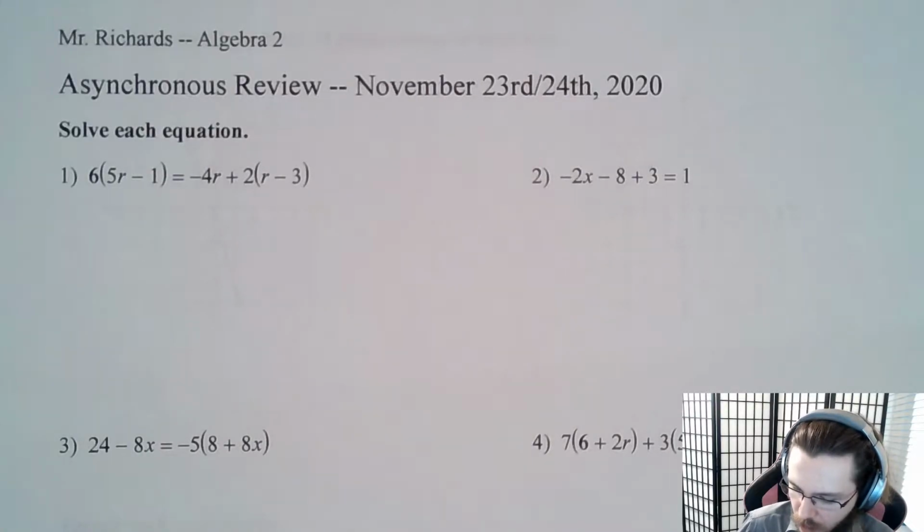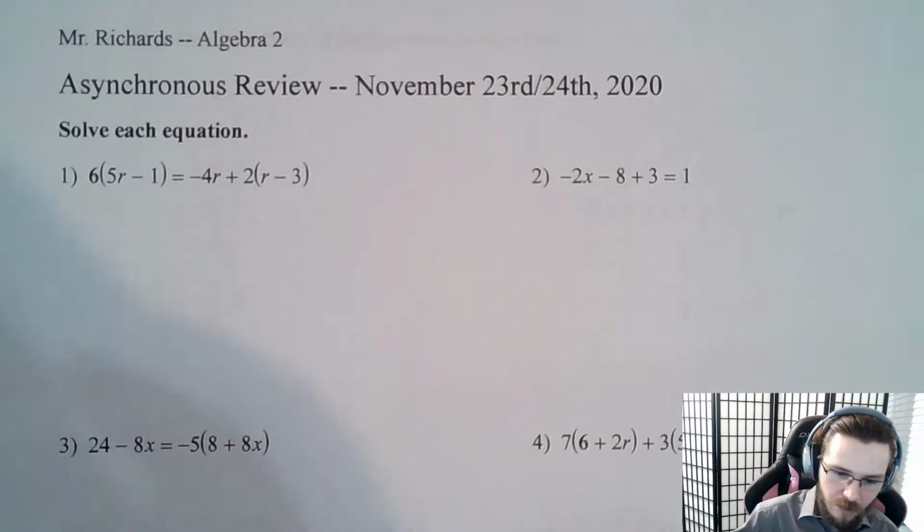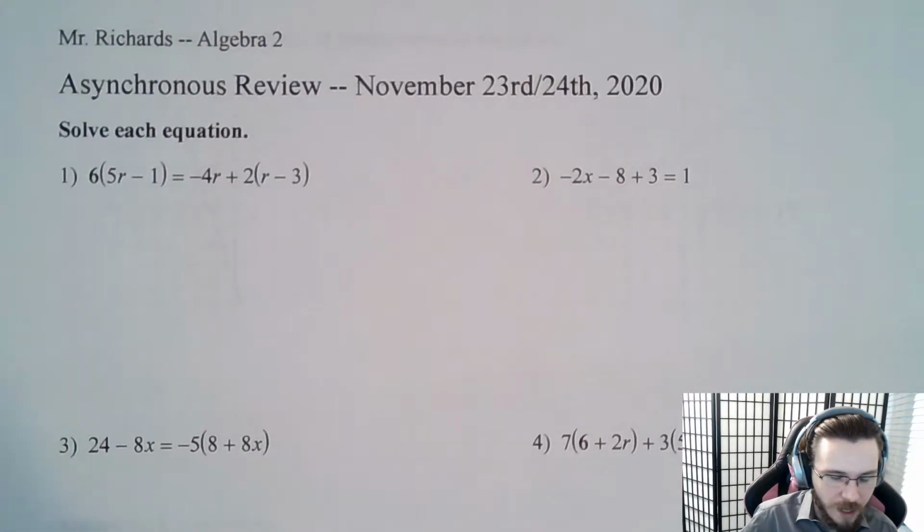I want to remind people that you should be doing all of this review. You should be trying to do it alone first and then watching me afterwards. There is an answer key at the end, so you can do a problem and check the answer key. If you got it right, why bother watching what I'm doing? If you got it right, then you're good to go.